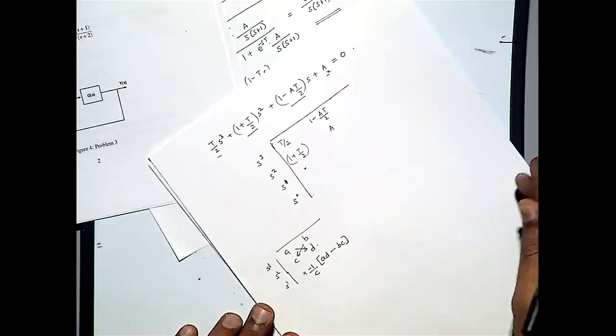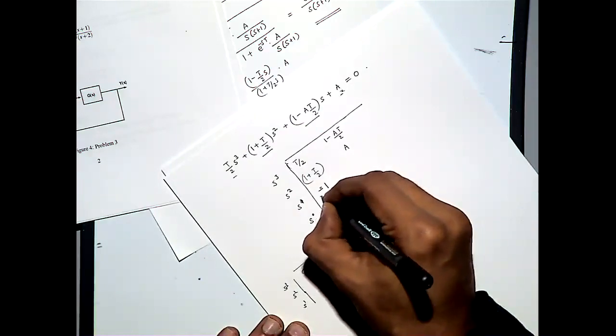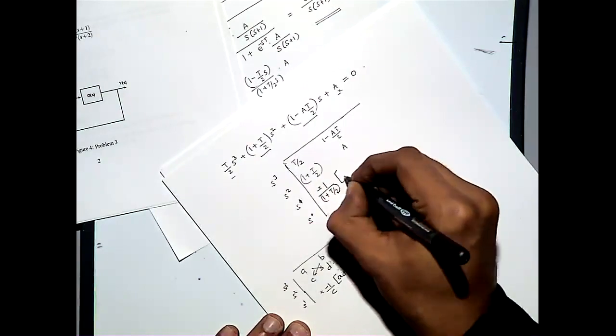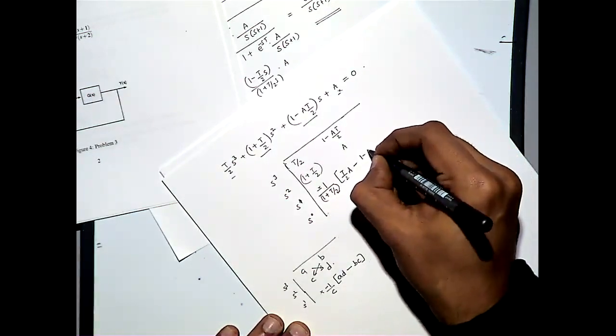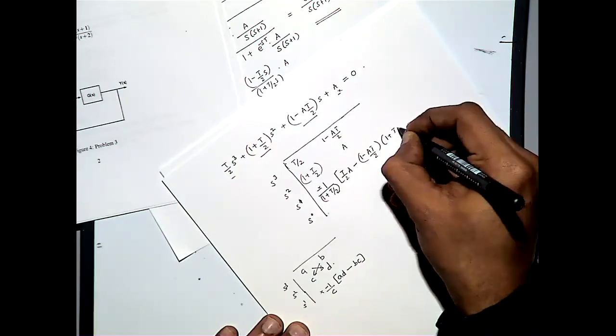Similarly we can find out here, this will be minus 1 divided by (1 plus T/2) times (T/2 A minus (1 minus A T/2) times (1 plus T/2)).